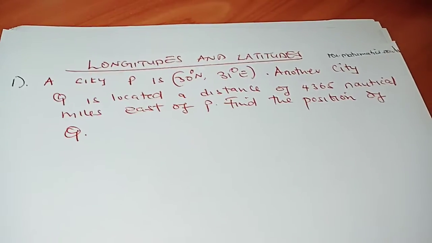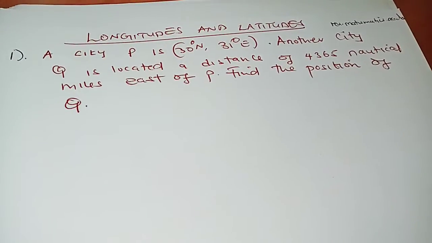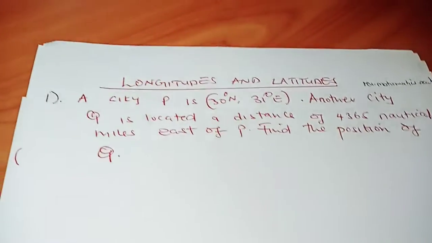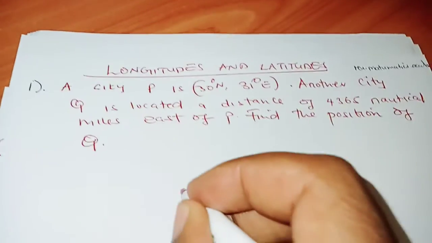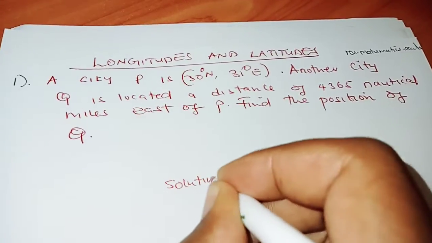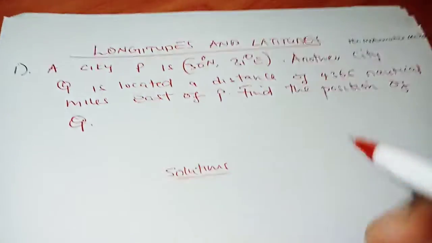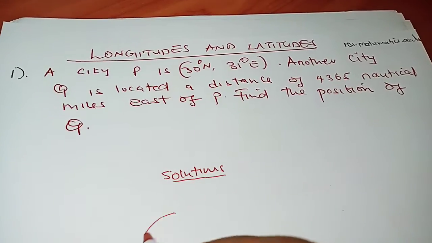So the first thing we need to do in order for us to do this problem, we need to make a geometric sketch of these two towns. So we will draw a simple sketch of the earth here.